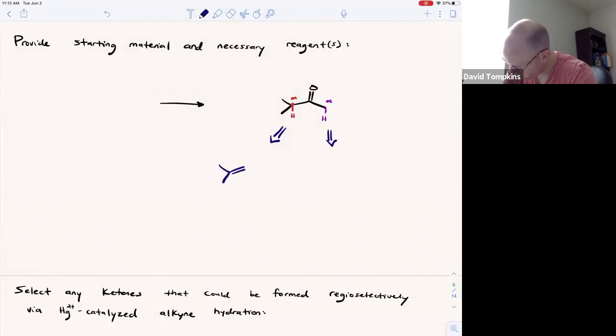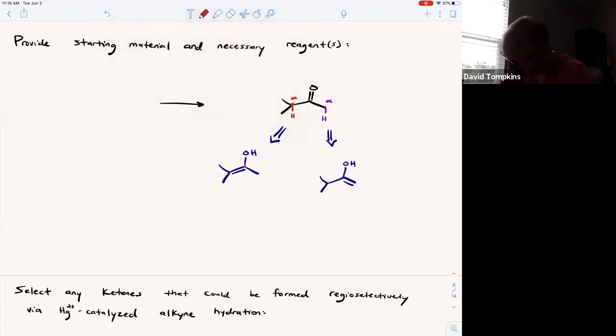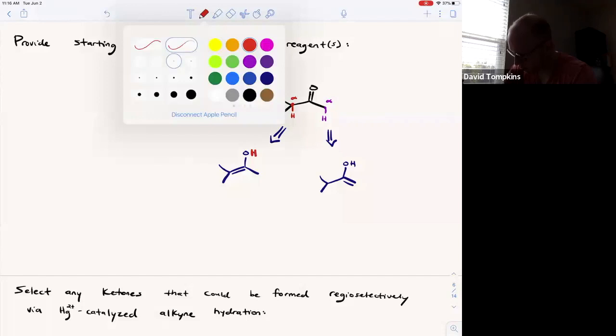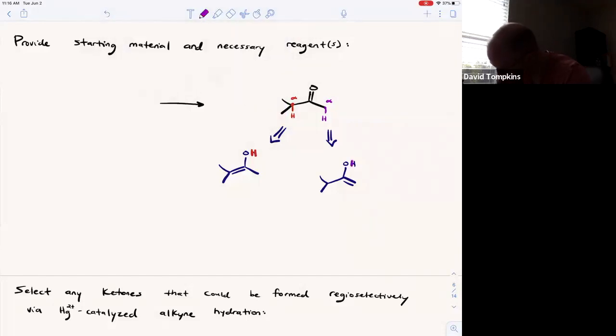So one would be here, and the other would be there, where in the left compound we have removed the red alpha proton from the tertiary carbon and replaced that with a carbon-carbon double bond. In the right compound we removed the primary.